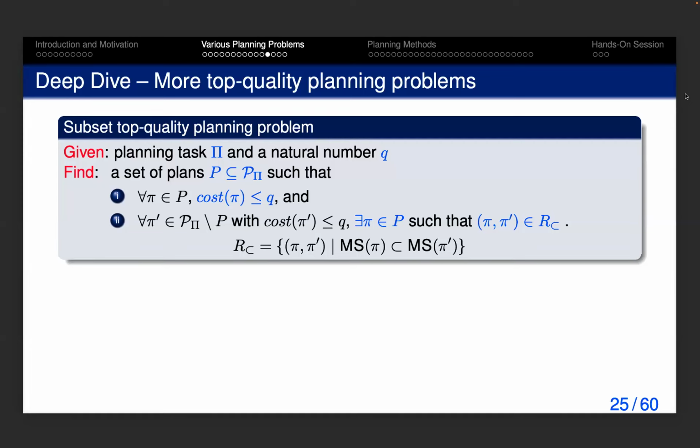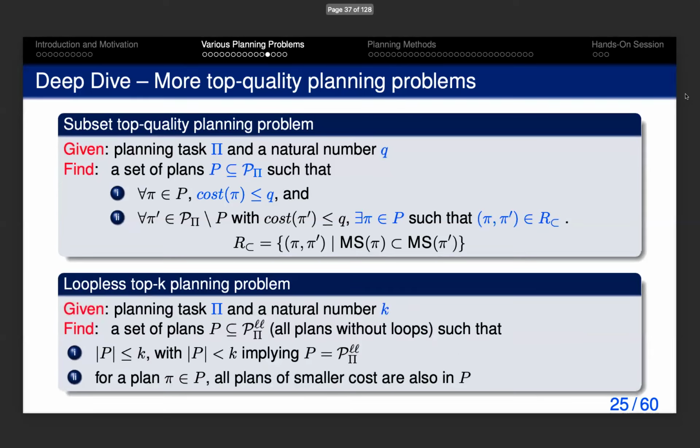Okay, so the relation would be this, right? And we will remember this relation because we'll use it later on.